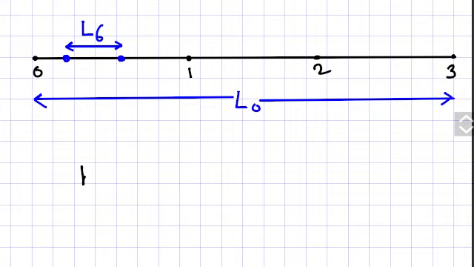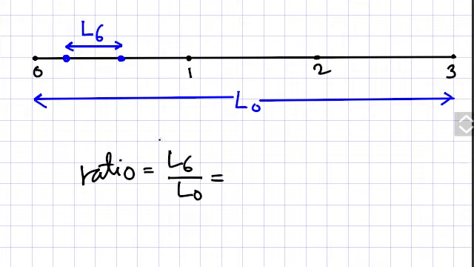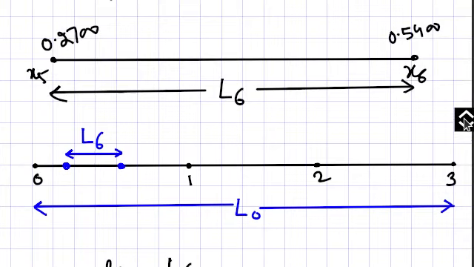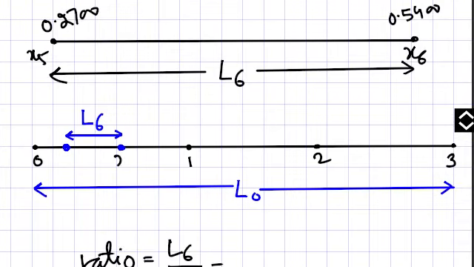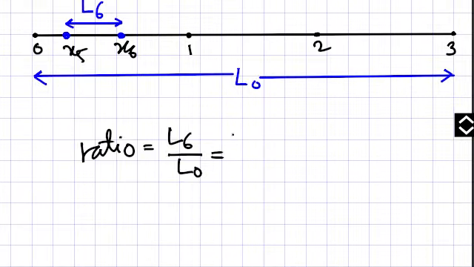And the last part of this question, you can calculate the ratio of this. So L6 will be between this point x6 and x5, so x6 minus x5, and this is your 3 already.